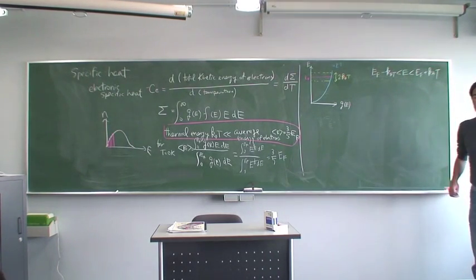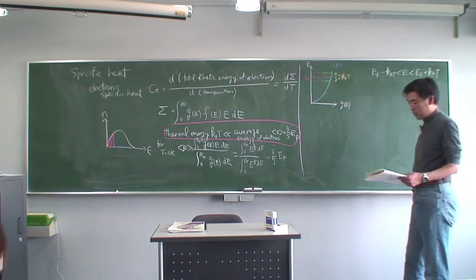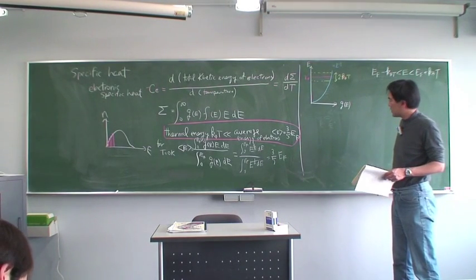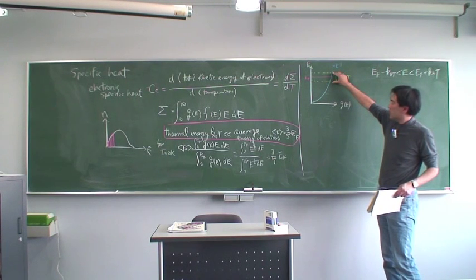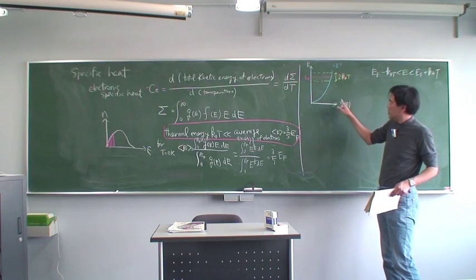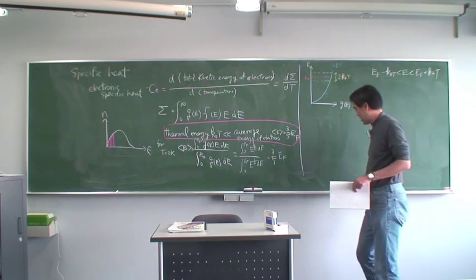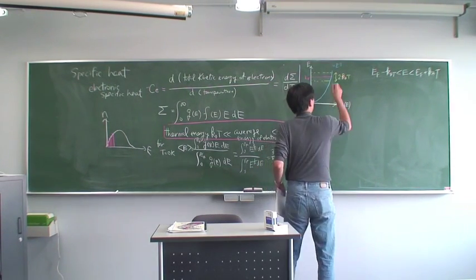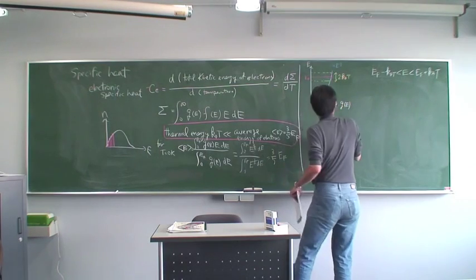So I have introduced one assumption. I also introduced another assumption, which says that in this region G(E) is constant. What does it mean? Only in this region, G(E) doesn't change.